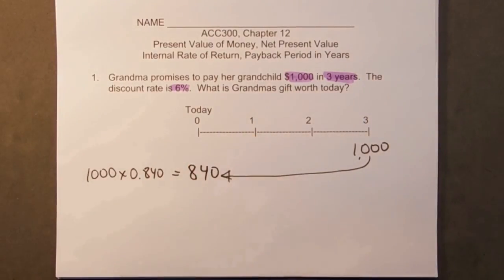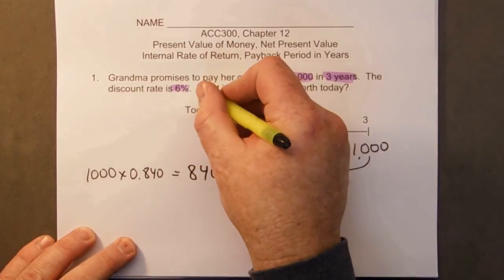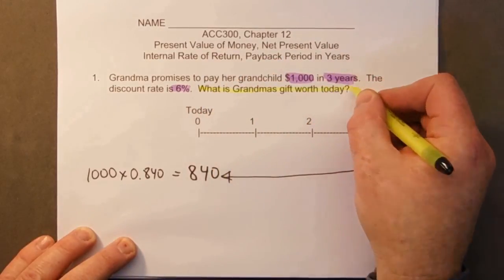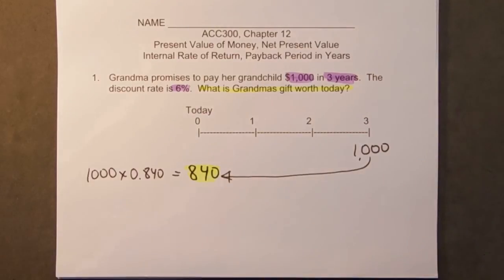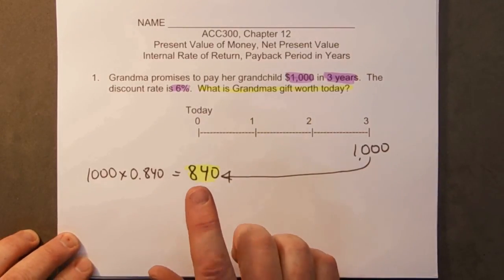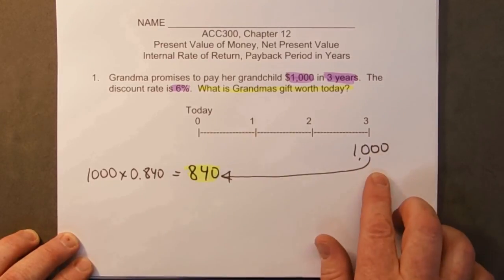So again, we're just multiplying $1,000 times what each dollar is going to be worth. So Grandma's gift today is worth $840. In other words, you can buy today for $840 what you're going to pay $1,000 for in 3 years.